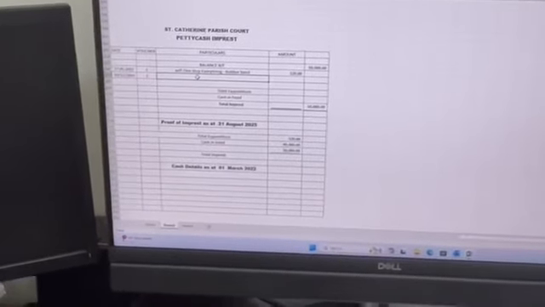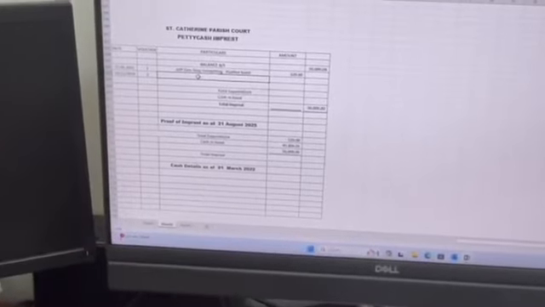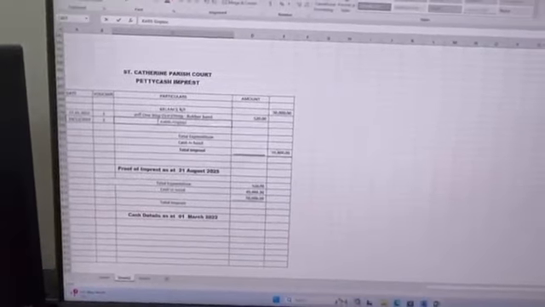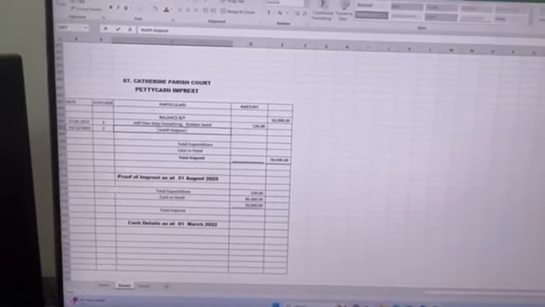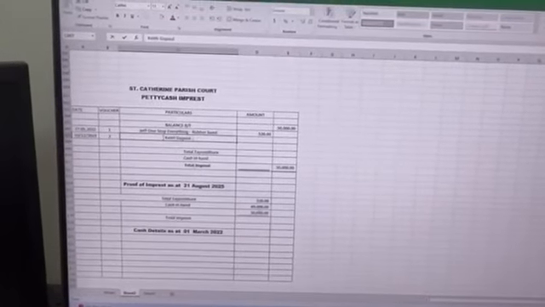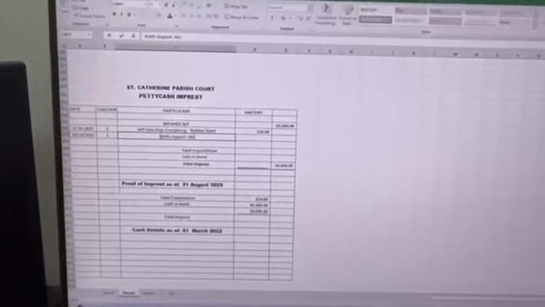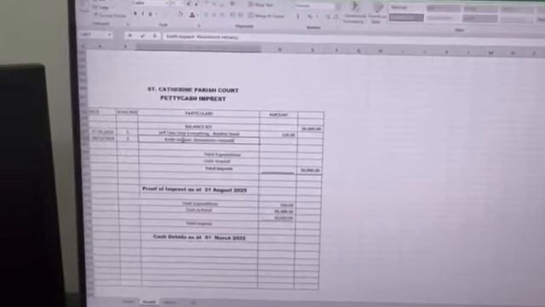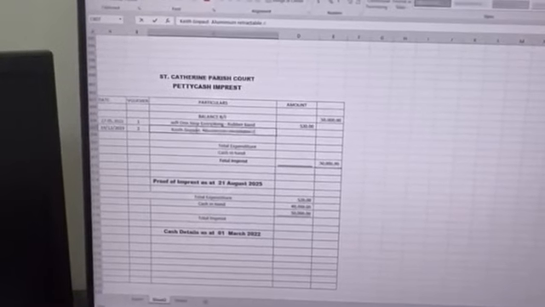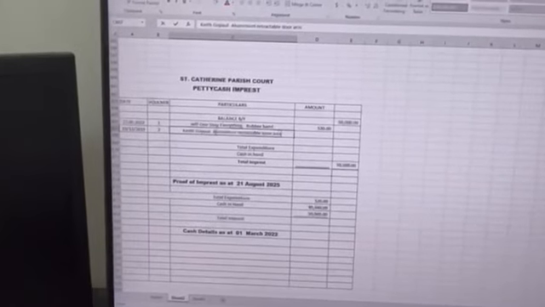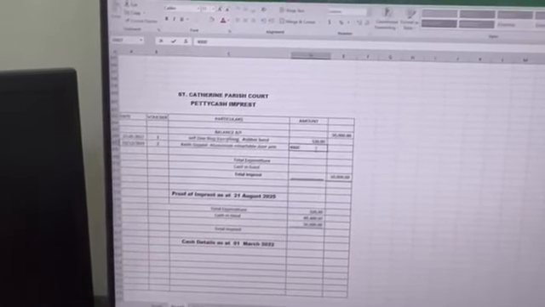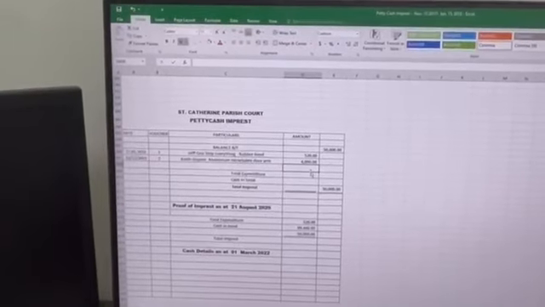The description will be keyboard bar, and what was purchased was... and I put the amount here. Is that correct? Yes, that is correct.